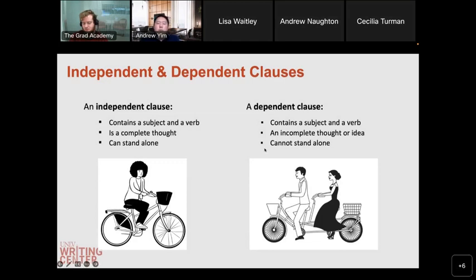Oftentimes people might write a dependent clause, where it has a subject and verb but can't stand by itself as a sentence. We have this analogy down below: with the independent clause, you have a guy riding a bike, and in the dependent clause, you have two people riding a bike, because it takes more than one to ride the bike. Even with two people, it's not enough, versus the one person by themselves, which is a complete sentence.